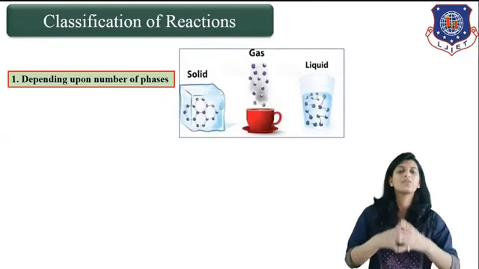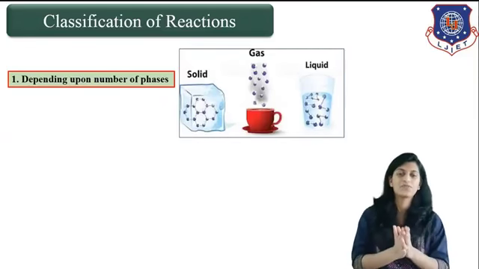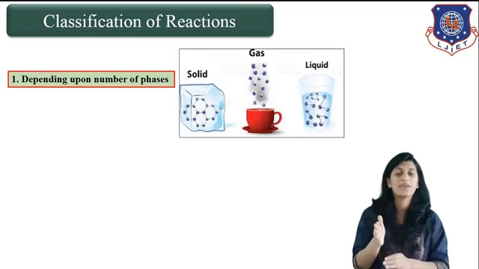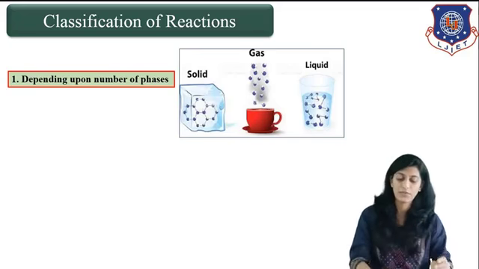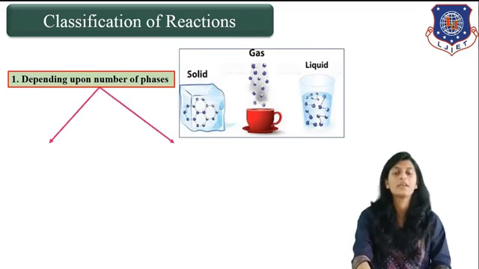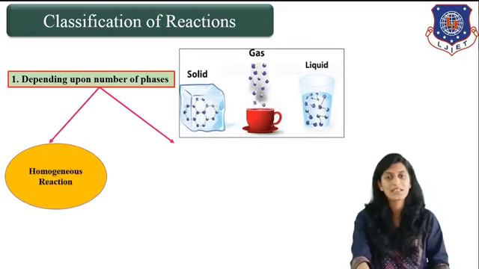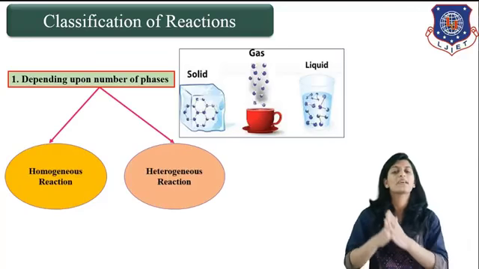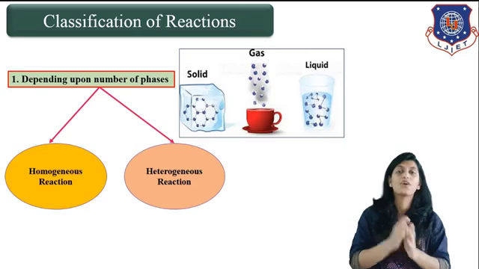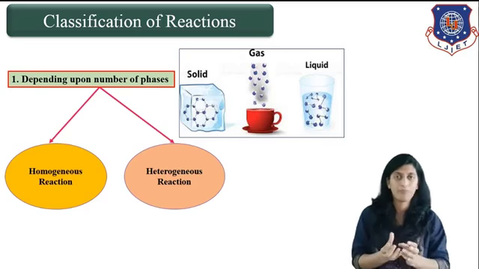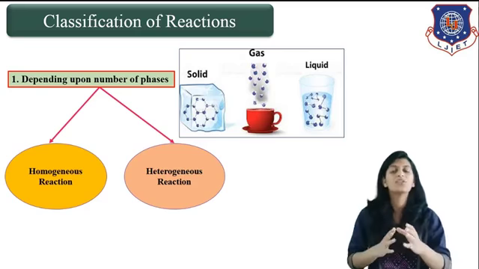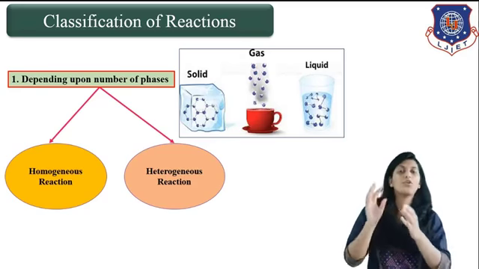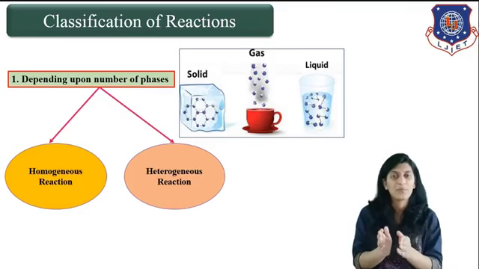As we know, there are basically 3 phases available: solid phase, gaseous phase and liquid phase. Depending on that, we have 2 categories, that is homogeneous reaction and heterogeneous reaction. When we are talking about homogeneous reaction, the word homogeneous is derived from the word homo, which means same.